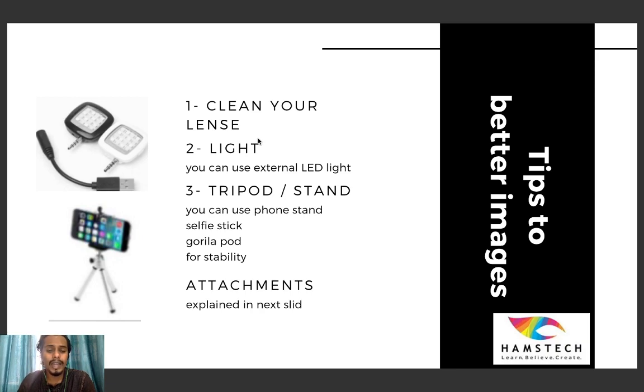Now, when you're shooting at night or when you're shooting, let's just say, in a hurry, you shake your hand a lot. We don't have a habit of holding our hands still for a longer period of time. So it results in a shaky photo. It results in a blurry photo, right? So to avoid that, you can always use a Gorilla Pod, a selfie stick, maybe a phone stand or a phone tripod.